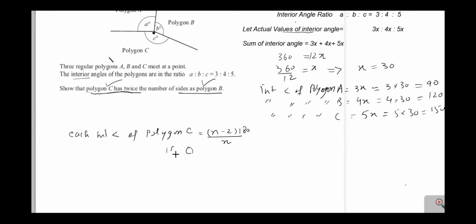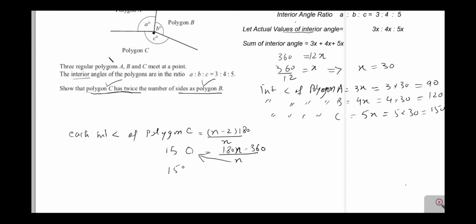We write 150 equals 180n minus 360 over n, and we shift the n from the right to the left side.